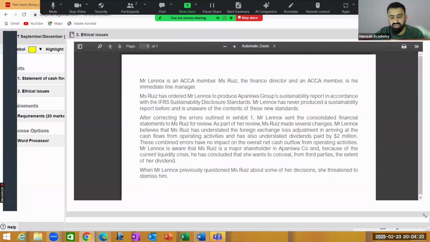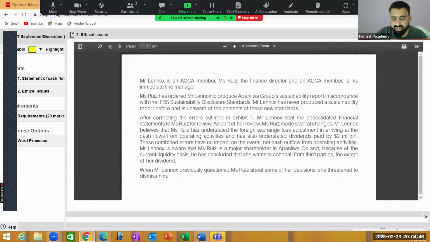Mr. Linonix believed that Miss Ruiz has understated the foreign exchange loss adjustment in arriving at cash flow from operating activities, and also understated the dividend paid by 2 million. These combined errors have no impact on overall net cash flow from operating activities.